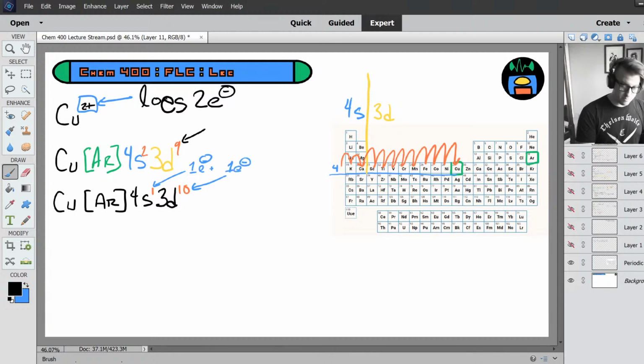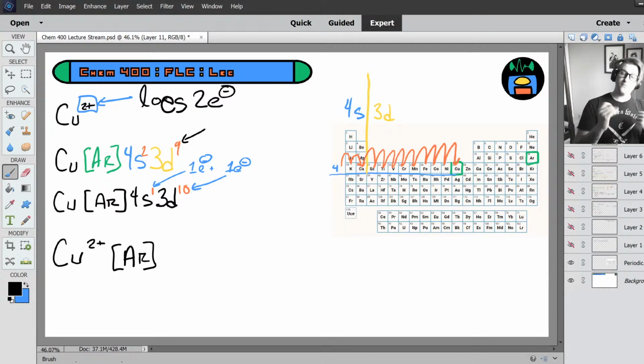So this will actually bump things back down. The electron configuration for copper 2+ will be argon in brackets. And then our 4s subshell has no electrons left in it. You can write 4s0, but you don't typically do that. It's not explicitly wrong, however, and then our 3d subshell drops to 9.